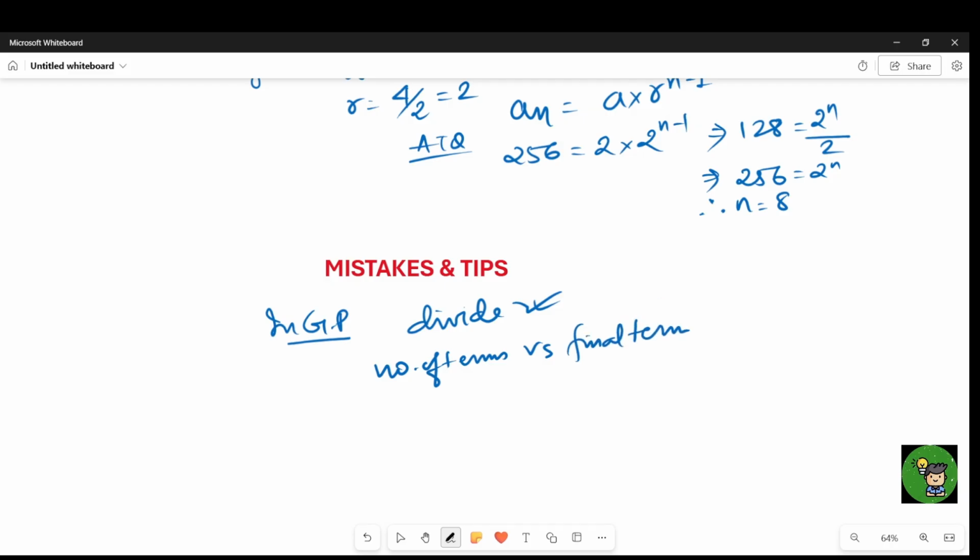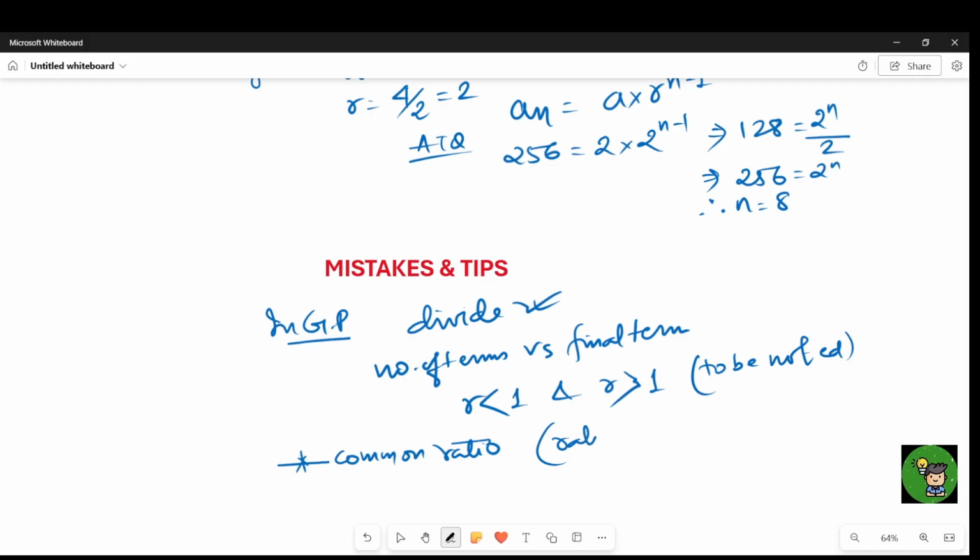Don't get confused. And number three, r greater than 1 and r less than 1 are to be noted. And the common ratio, that is, the ratio must be constant. Okay. And always write the formula.